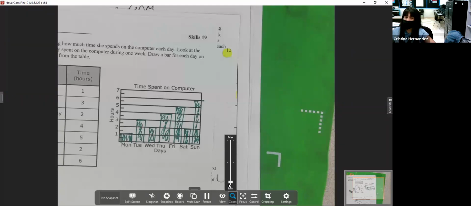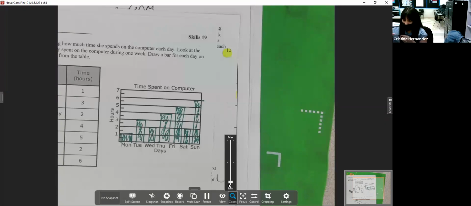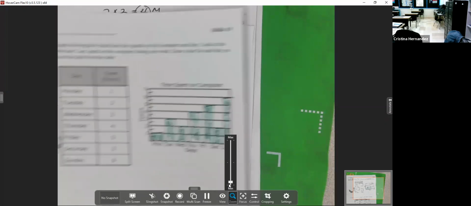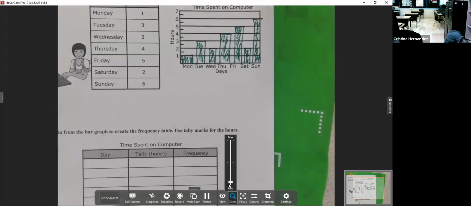We have that, so we can fill in our chart. Down here, we have to fill it in with what we just learned about Lucy and her being on the computer.